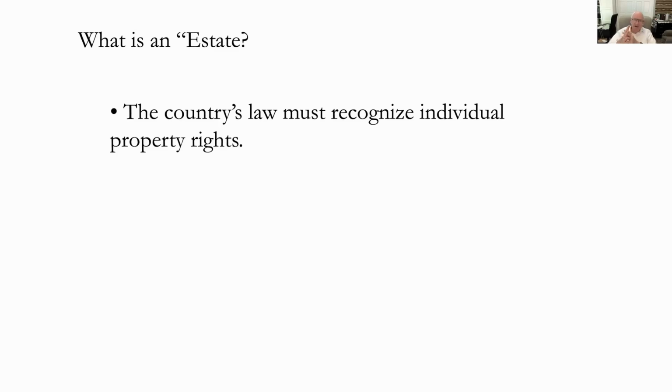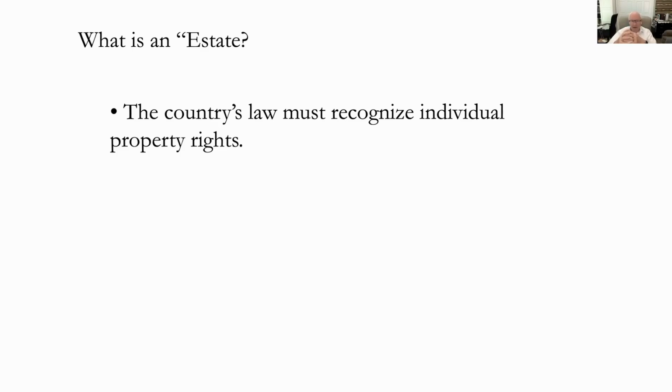In order for there to be an estate, and when we talk about the estate, we mean all of the property that somebody owns, first of all, the country where this occurs must recognize individual property rights. The United States does, but there are countries that do not.